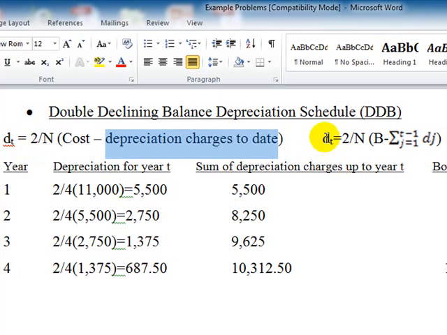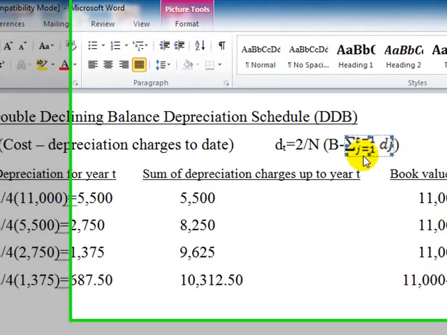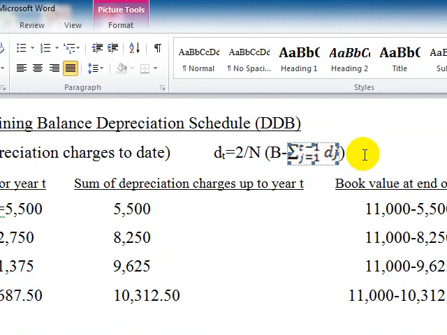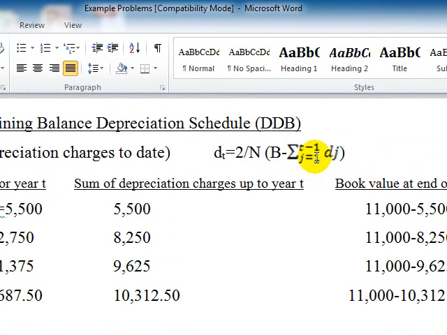That formula is equivalent to D sub T equal to 2 by N multiplied by B cost minus summation of, this symbol is for summation, J equals 1, year 1 to year T minus 1. That means if we are calculating the depreciation charge for the third year, we are going to sum depreciation charges D sub J from year 1 to year T minus 1, year 2, for the first 2 years.